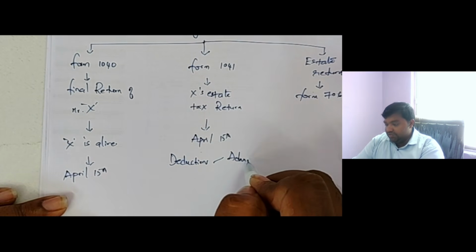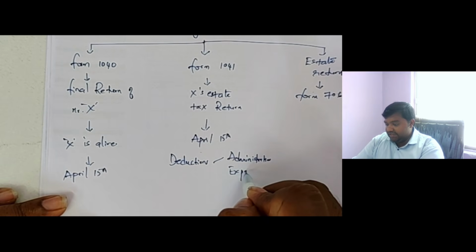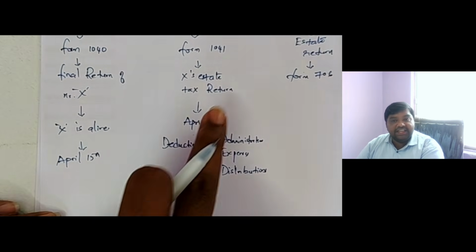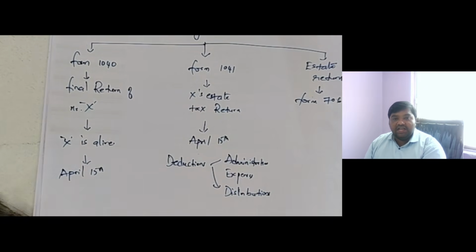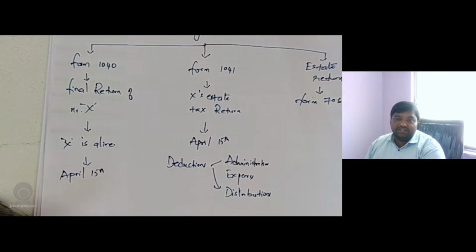The personal representative will have a salary, right? That expense they can deduct. Any distributions made by the estate can be deducted. Sometimes the deceased person's assets may be earning interest income, dividend income, and that will be treated as the estate's income, and they will get deductions of administrative expenses, distributions, funeral expenses, etc. Finally you arrive at the profit and pay tax.